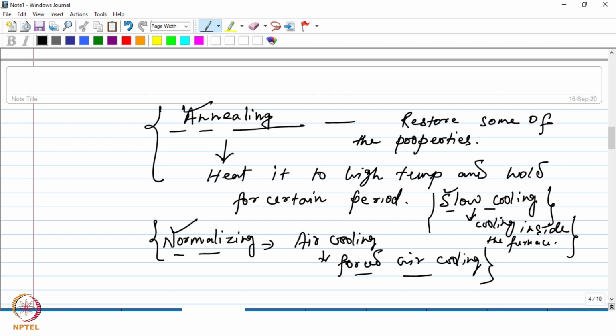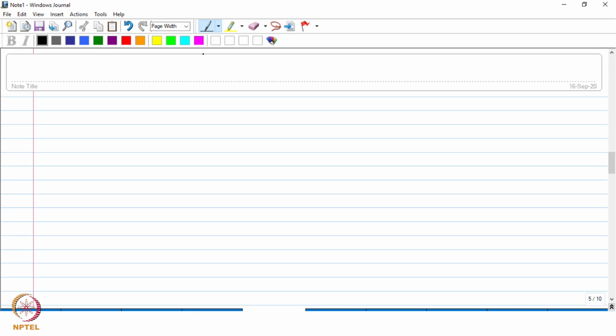So now let us try and understand what exactly happens during annealing, which restores the material. So you can say this is a kind of restoration process. Restoration in the microstructure, which in turn leads to the restoration of some of the properties. Okay.